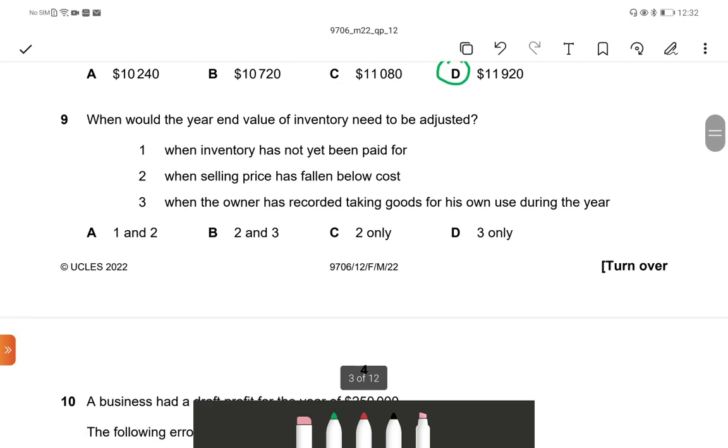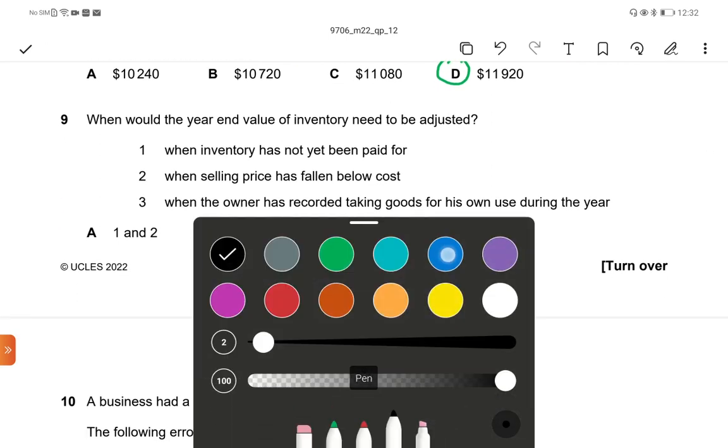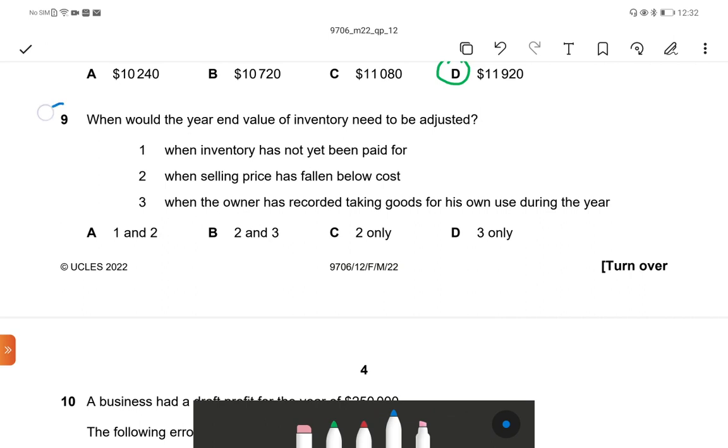Next. When would the year-end value of inventory need to be adjusted? When inventory has not yet been paid. The inventory is not paid, this is not adjusted. When the selling price has fallen below cost, because inventory is always valued at the lower of cost and net realisable value.